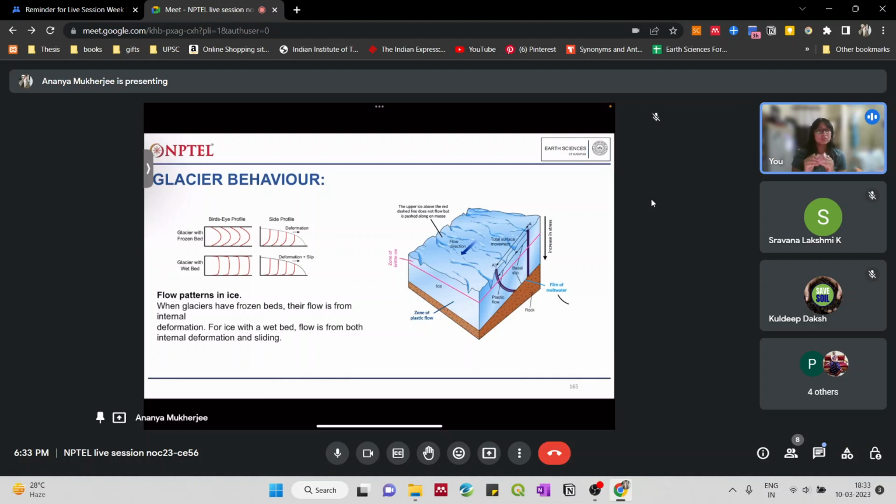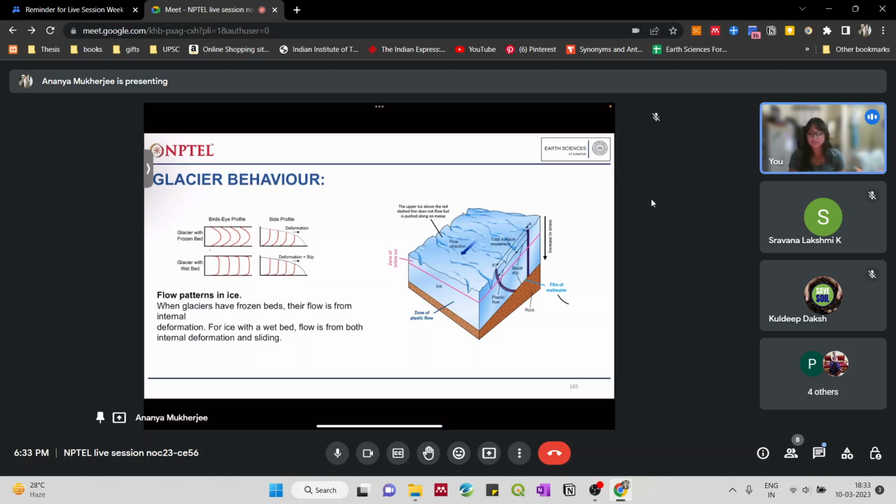Also, all the ice in the glaciers is not moving at the same rate. If your bottom part is lubricated with water, it's easier for it to flow in an almost uniform manner.